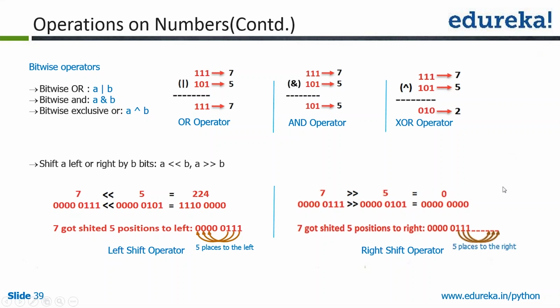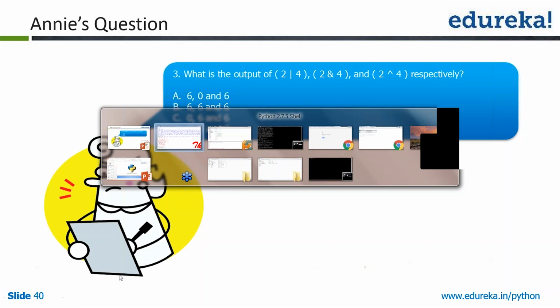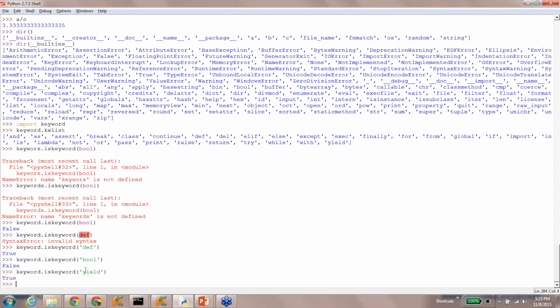Now we move on, and we have another interesting question from Annie. She wants to know what is the output of 2 OR 4, 2 AND 4, and 2 XOR 4. Let me help you understand how 2 is represented in binary. 2 is represented as 0 1 0.